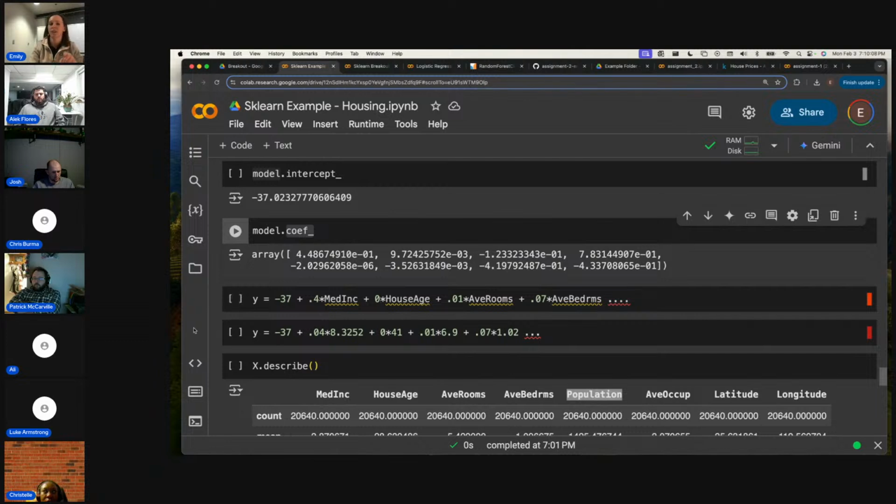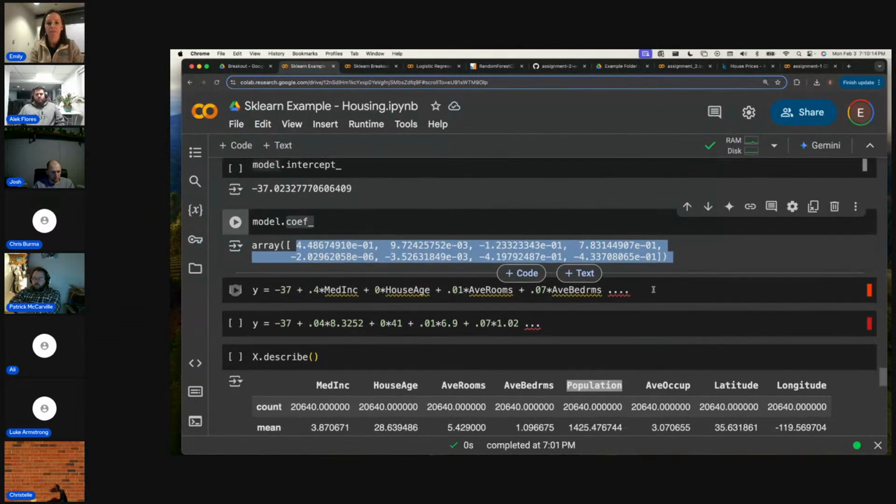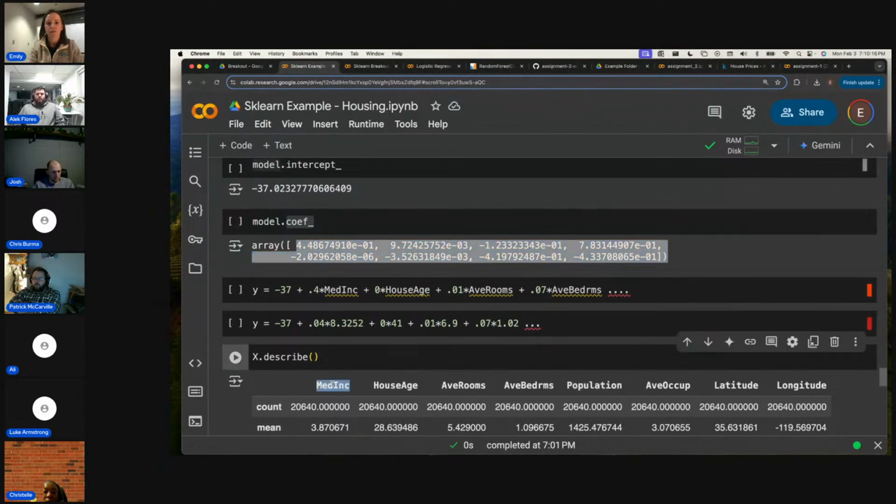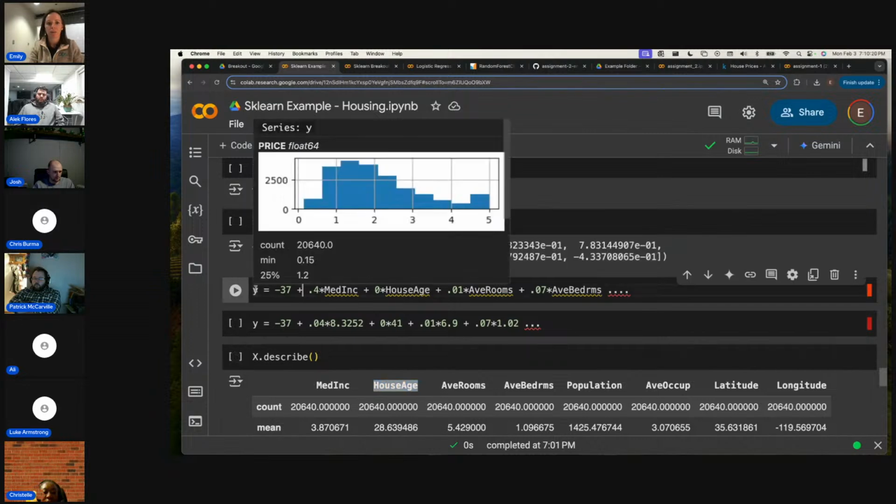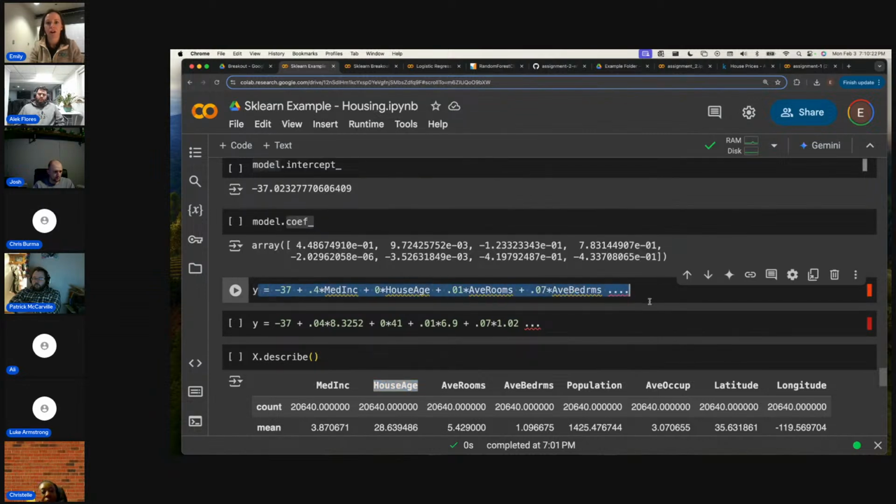But what you need to take away from your assignment is how do you take these coefficients, map them to these feature names, and be able to write out a formula like this. So here's our y equals beta sub naught plus beta sub 1 plus beta sub 2. So we have y equals negative 37 plus 0.4 times median income plus essentially 0 times house age.